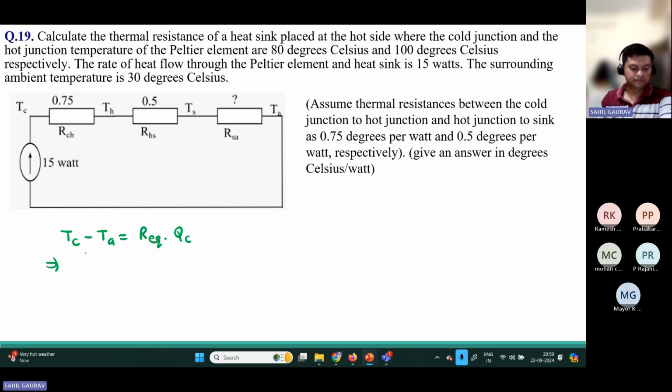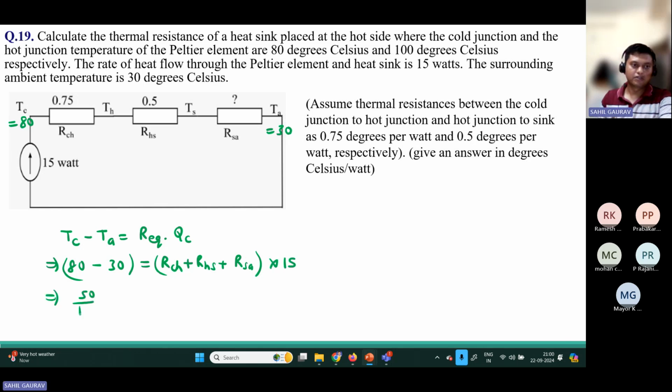Tc is given as 80, Ta is given as 30, the ambient temperature. R equivalent is RCH plus RHS plus RSA, and this QC is 50 watt.